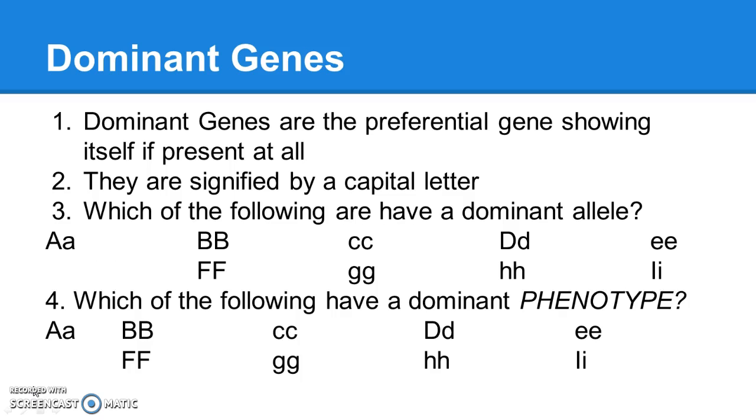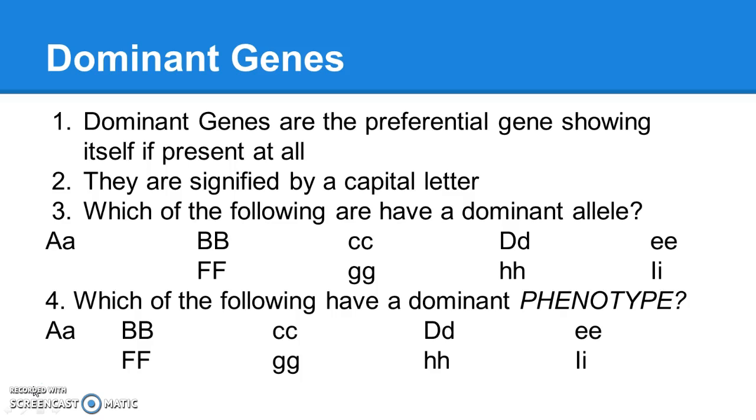So let's look at this. Dominant genes are the preferential genes, showing themselves if present at all. We only need one, and they are signified by a capital letter. Which of the following are going to have a dominant allele? For number 3, and number 4, which of the following are going to have a dominant phenotype?